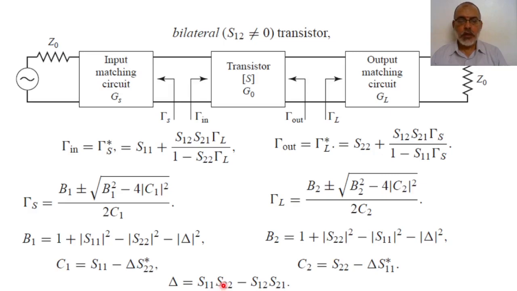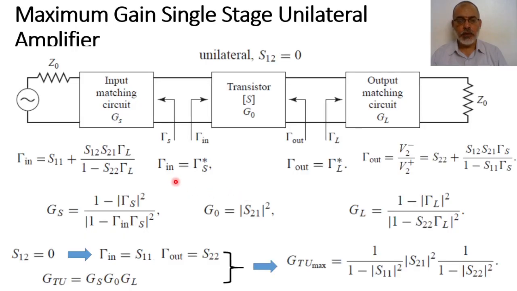By doing this, we find that gamma source is simply S11 conjugate, and gamma load is S22 conjugate. You can prove it by letting S12 go to 0 and solving these equations. You will find that gamma source is S11 conjugate and gamma load is S22 conjugate, which were originally these relations. Alright?